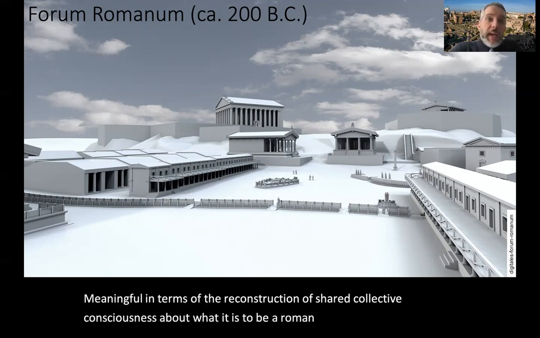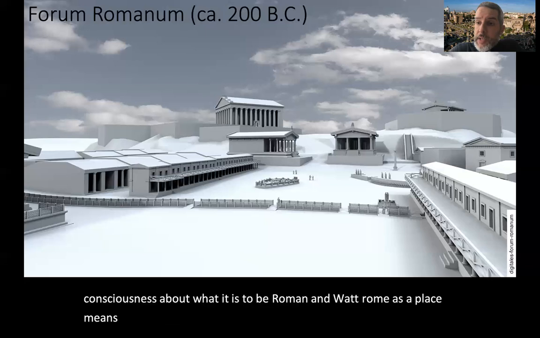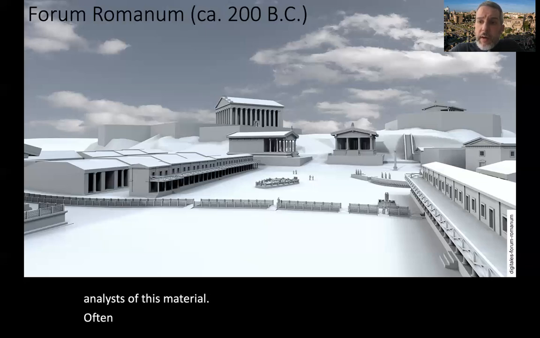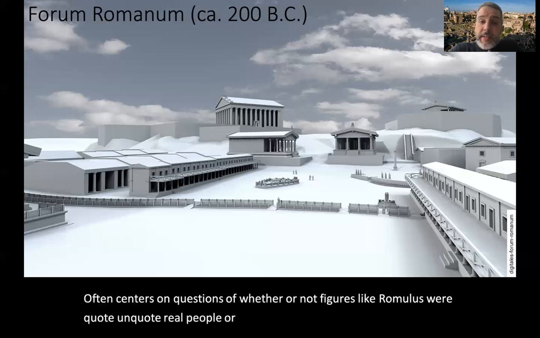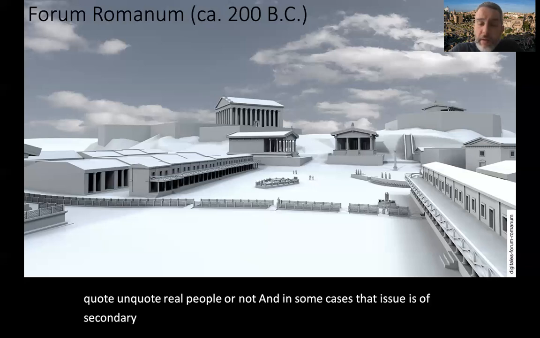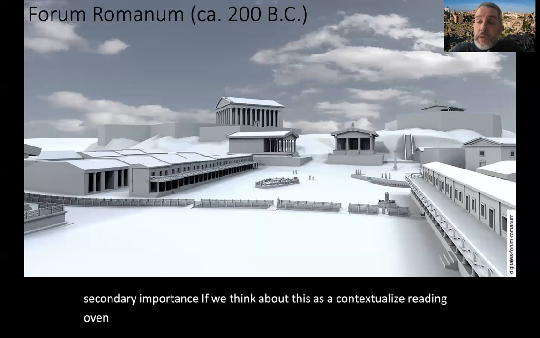means. The debate that we have among ourselves as postmodern analysts of this material often centers on questions of whether or not figures like Romulus were quote unquote real people or not. And in some cases, that issue is of secondary importance. If we think about this as a contextualized reading of antiquity, we're forced to concede that the memory value of the spots in the landscape is not diminished if the person remembered is in fact a mythical figure.